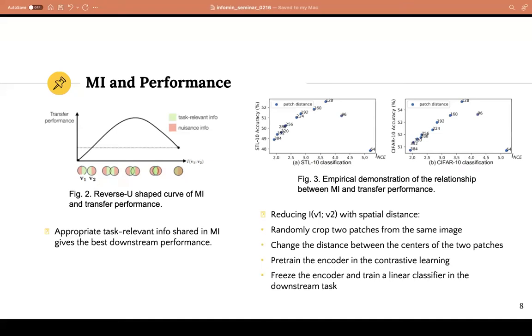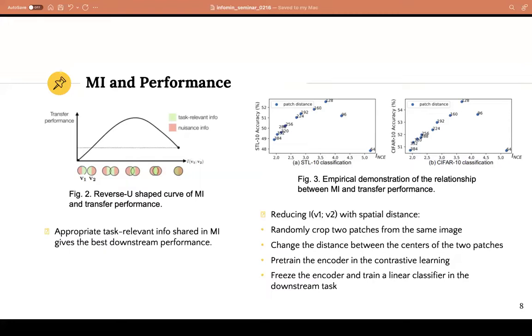And here, on the right-hand side, I show you one experiment to empirically demonstrate the reverse U-shape. The experiment setting here is typically image classification for the downstream task.